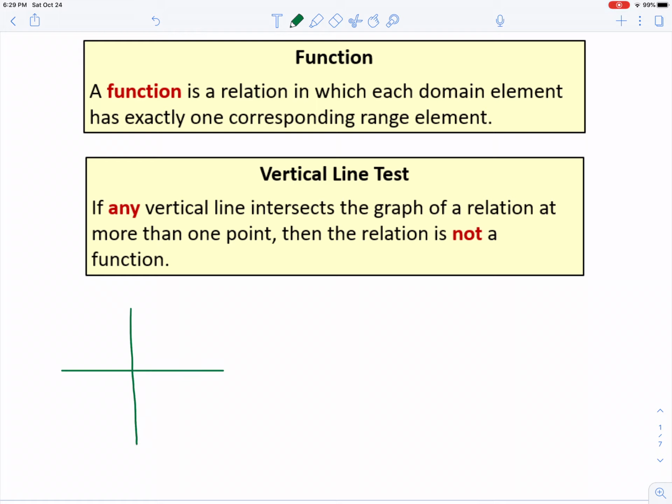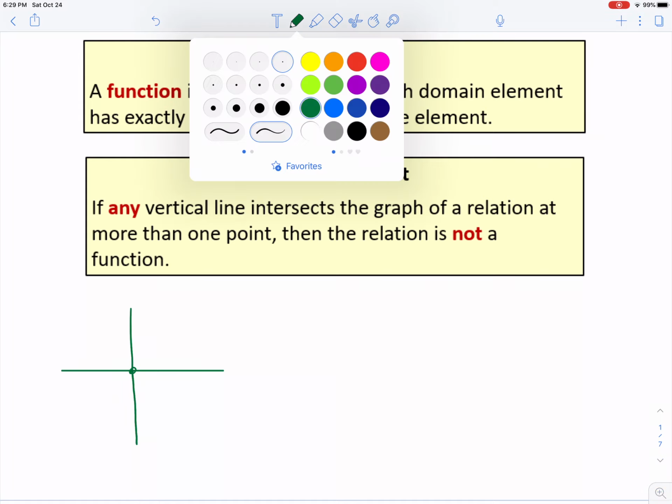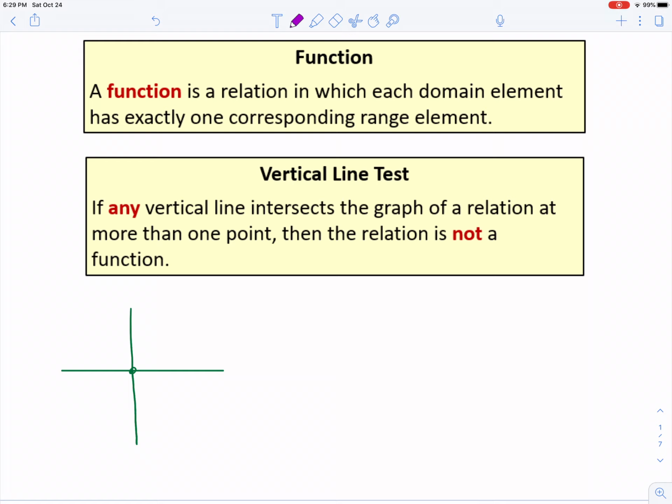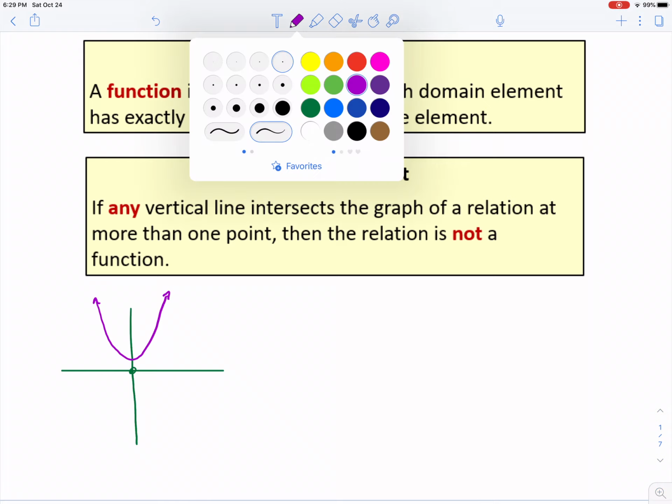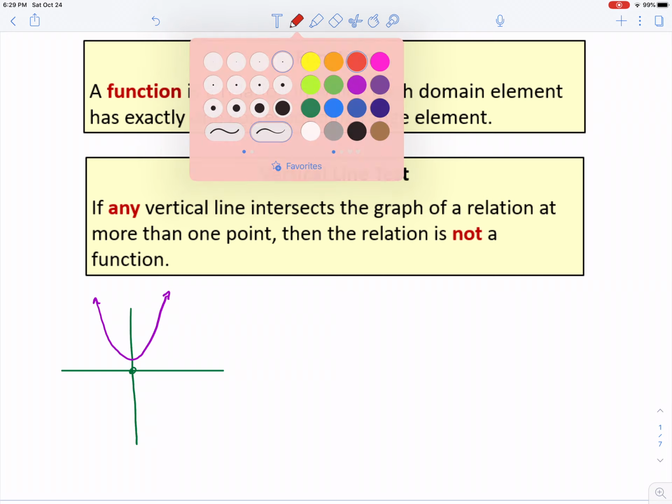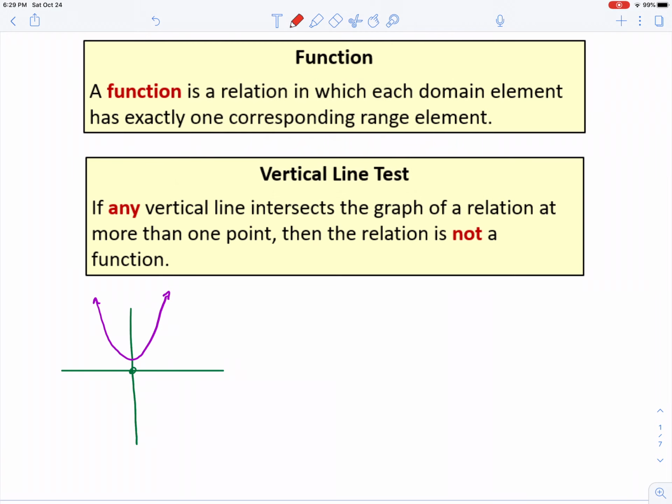So there's a grid, and let's do the picture of a parabola. You probably remember that term. And now I'm going to decide if this parabola is just a relation or does it fit the finer definition of a function. So in my mind, I'm imagining a series of vertical lines.